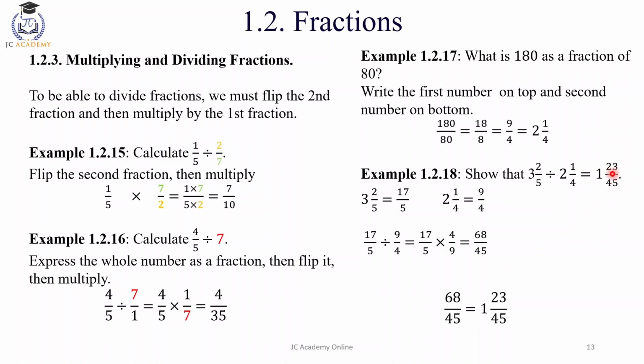Now in this case, we still don't have 1 23/45, but if we do division again, we see that 45 goes into 68 once, and it leaves a remainder of 23 over 45. Okay, which matches what we needed to show. Just to prove that it is true, we have 68 minus 45 is equal to 23.